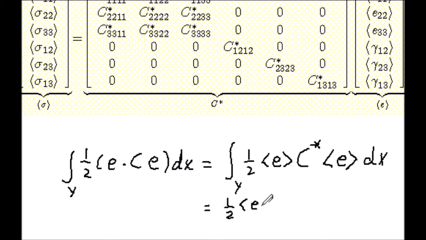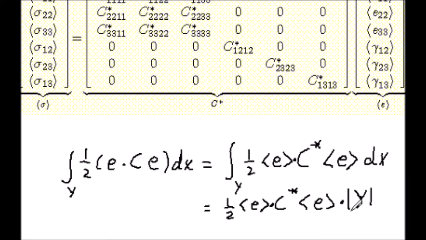It's very easy to integrate a constant function. It's just what's inside the integral multiplied with the area of the representative volume element, capital Y. And we denote this area by the absolute value of Y.